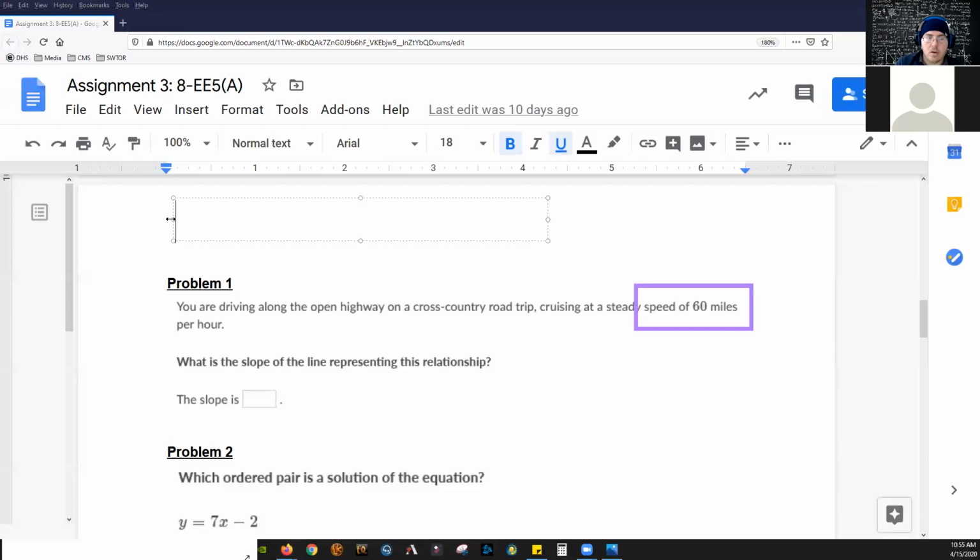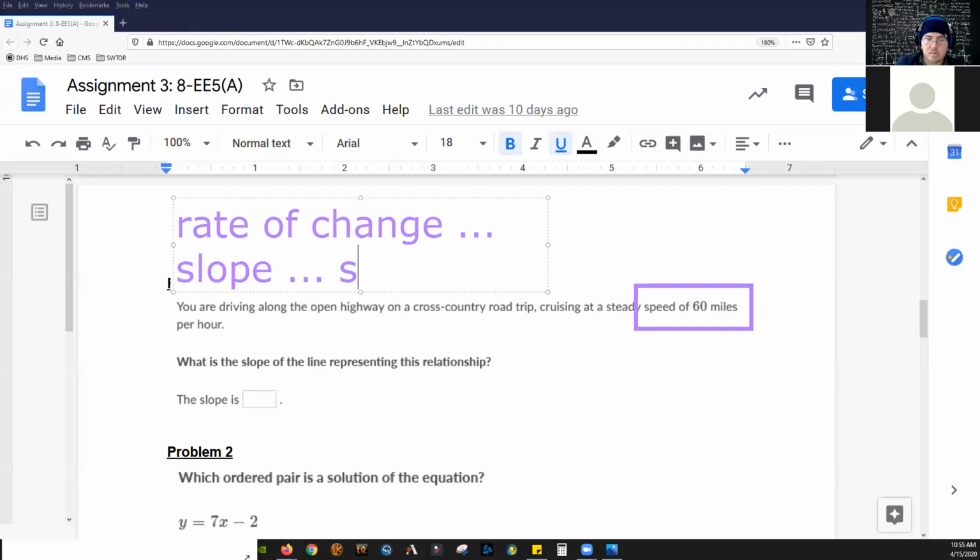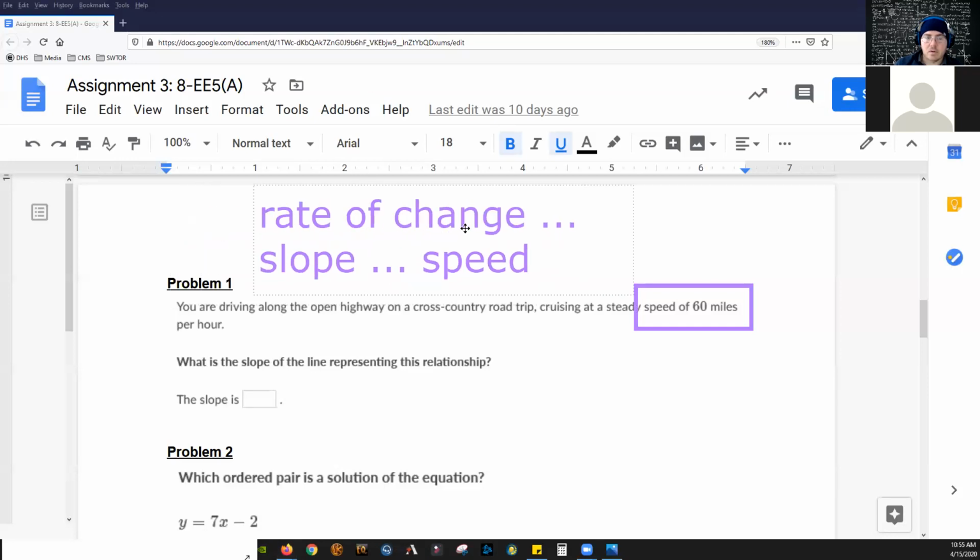So rate of change, slope, speed, these all mean the exact same thing. They're just different contexts.